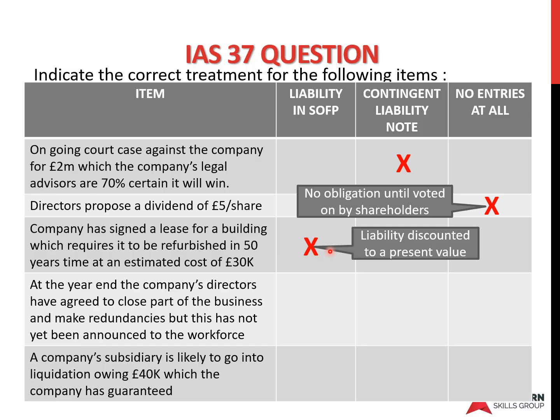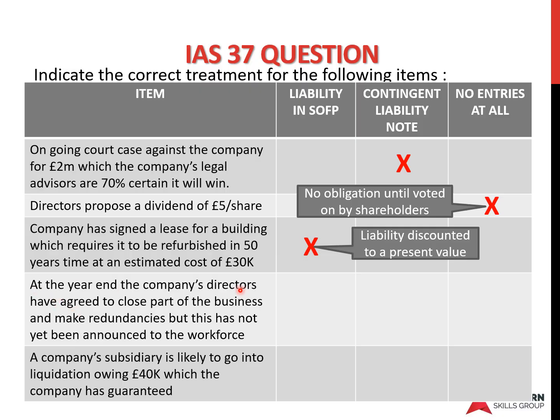So if at the moment it's estimated to be £30,000, maybe the discounted figure at the moment to be included in the statement of financial position might be 25,000, but then over the period of time between now and the end of the lease, that liability would gradually be increased until in 50 years' time it was in the accounts at a £30,000 figure. But it's definitely a liability because there's definitely an obligation, and it's absolutely certain that that cost is going to be incurred.